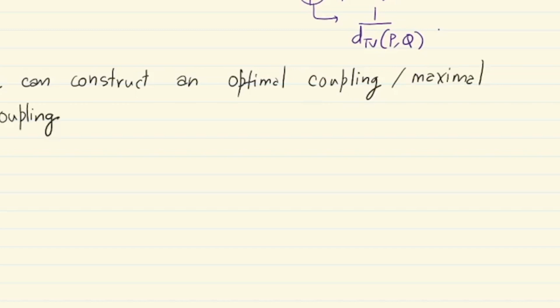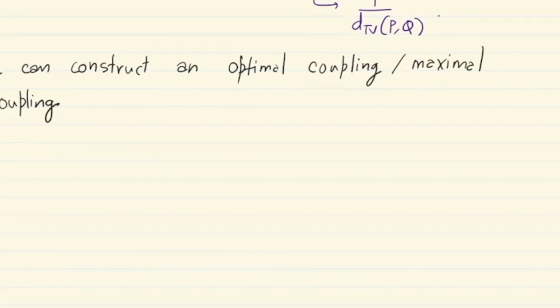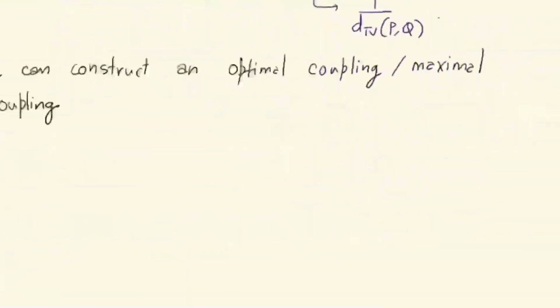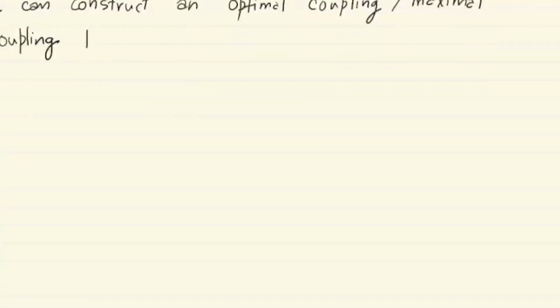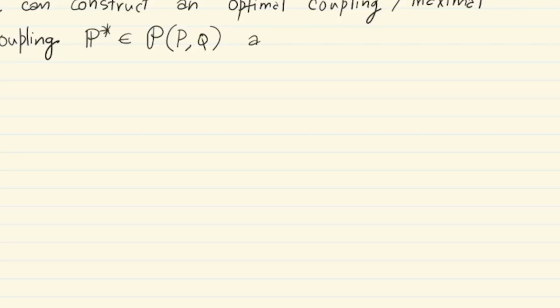Notice that there can be several different optimal couplings. This is just one example that we have argued intuitively can be constructed. So let's call this P star, which we will show is a coupling of P comma Q as follows.